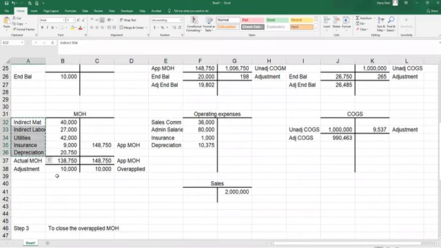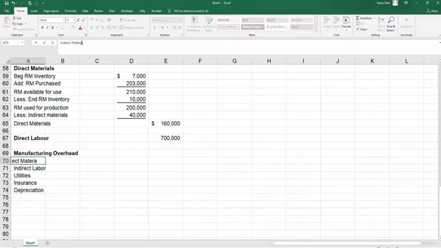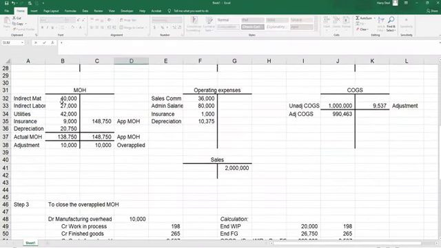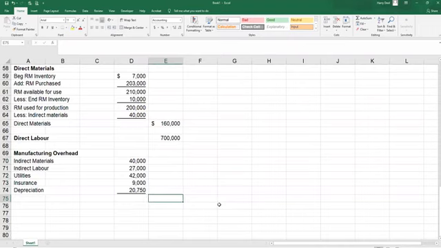These are the items: indirect materials, indirect labor, put an O for the labor if you'd like. Now, the dollar amounts were 40,000 for the cost of indirect materials, 27,000 for the indirect labor, so on and so forth. Just copy them down from the T account.